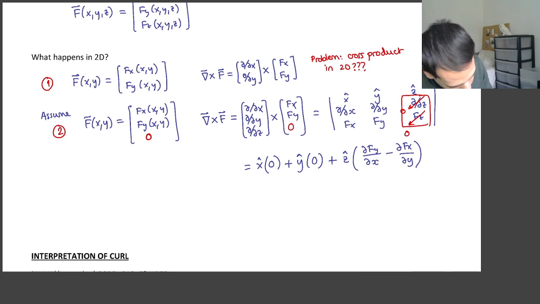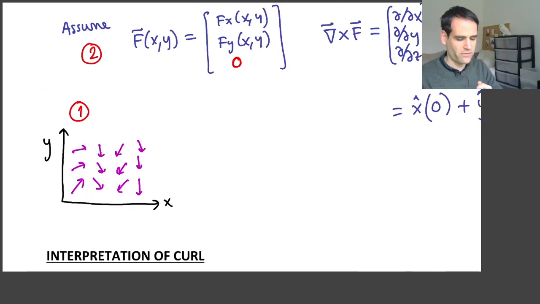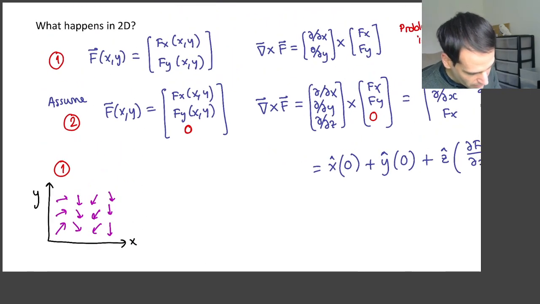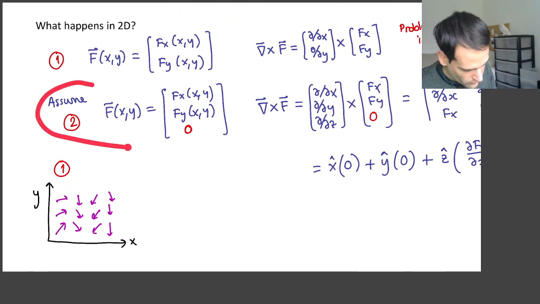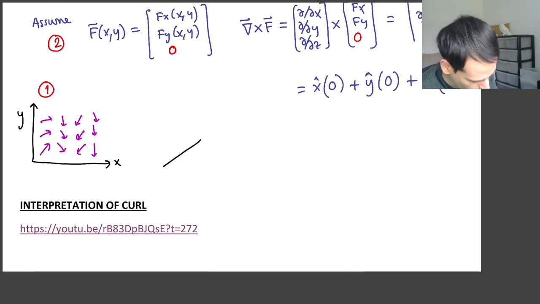Situation 1 is just a vector field defined in 2 dimensions. For each point, we have some sort of vector which depends on position, right? This is what we want. We want a 2-dimensional vector field. But now we are assuming a 3-dimensional vector field which has a 0 z component and which doesn't depend on z. So what we are assuming is something like this.